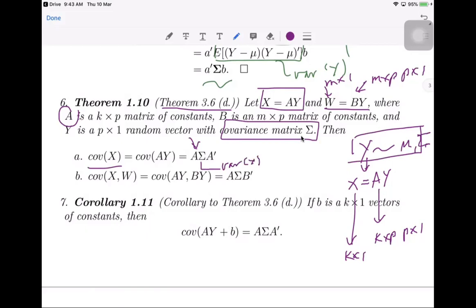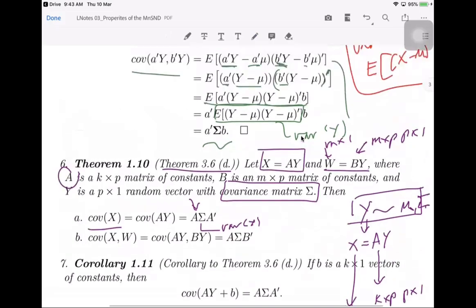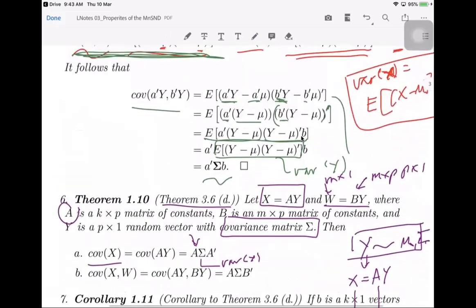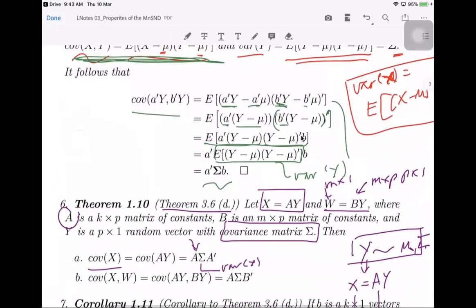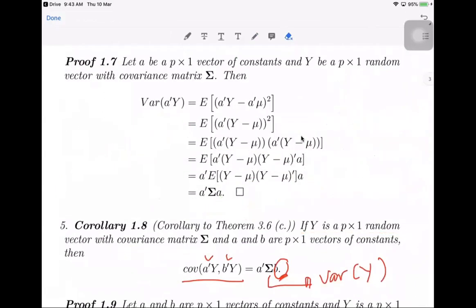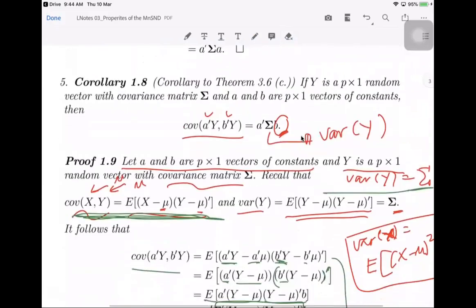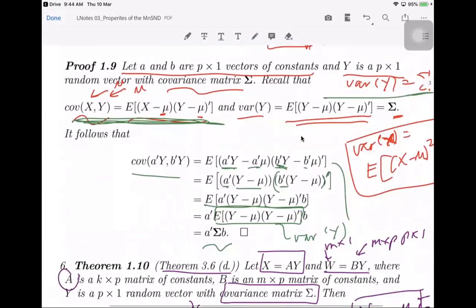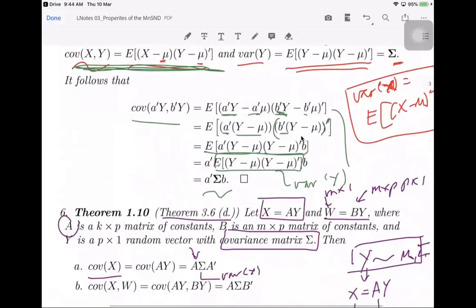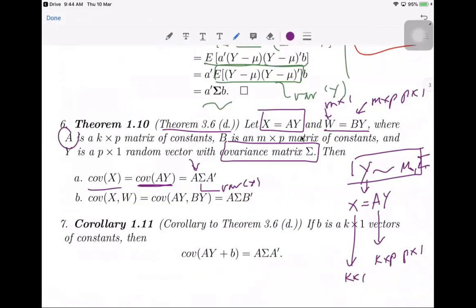So this is just a generalization of the earlier proof, where we had a transformation that is just pre-multiplying your random vector by a vector of constants. In this next result, this is a transformation pre-multiplying your y by a matrix of constants.